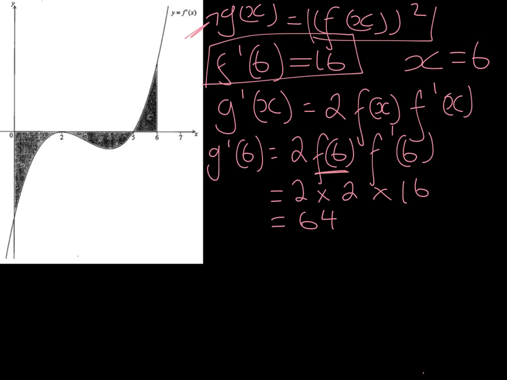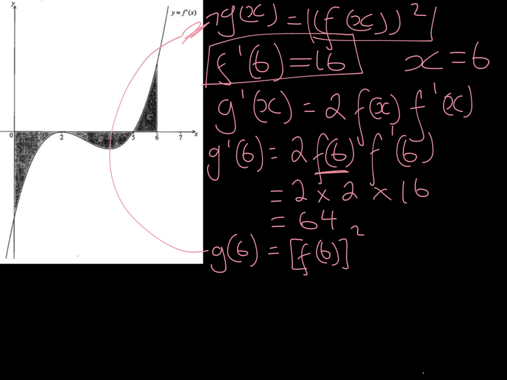So we've got the gradient, and we've got the x-coordinate, so we can find the y-coordinate, or g of 6, by substituting 6 into our function, in effect finding f of 6 all squared. F of 6 we found was 2, so 2 squared gives us 4.